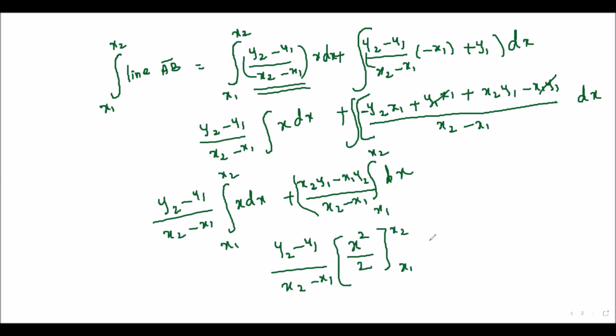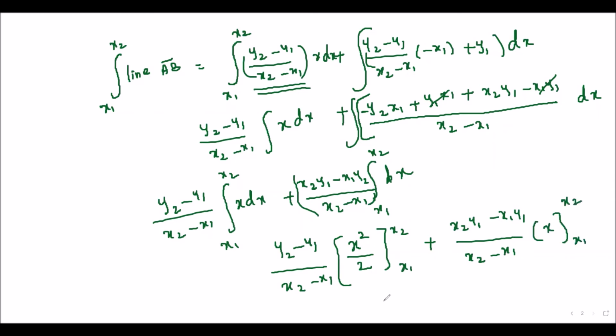And coming to the second part, plus the complete constant, which is (x2 y1 minus x1 y2) divided by (x2 minus x1), of the integration of dx. This is the integration part here. So the integration of dx is nothing but x, and the limits are varying from x1 to x2. Right? So let me continue here only.